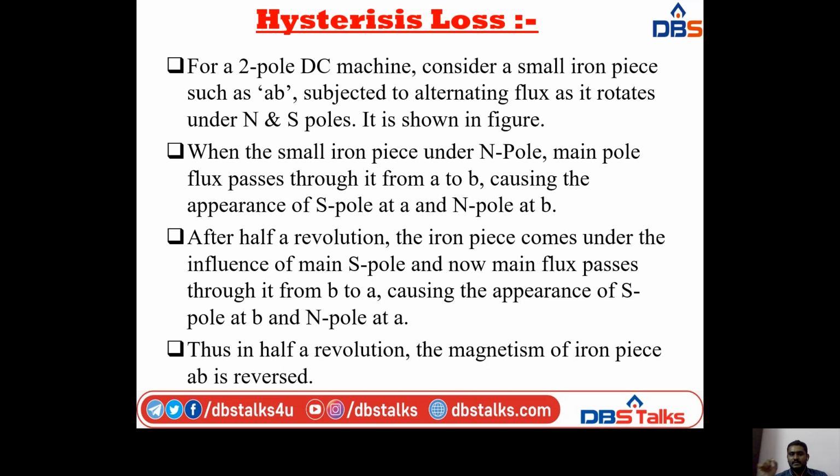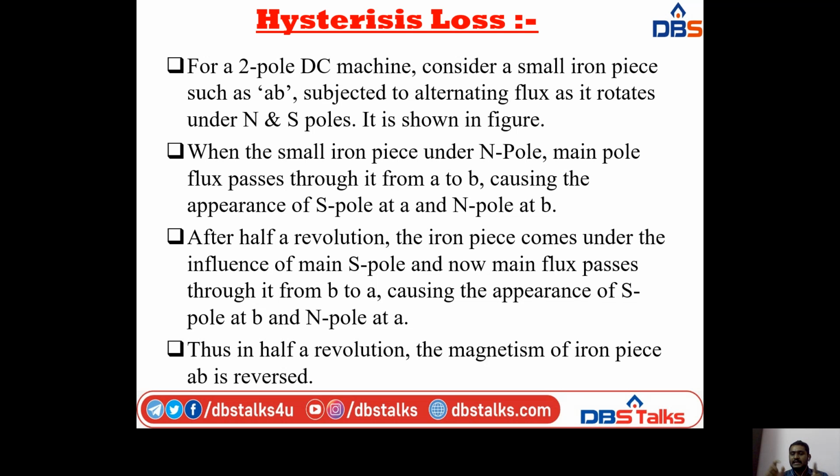When the small iron piece is under the north pole, main pole flux passes through it from A to B, causing the appearance of south pole at A and north pole at B.